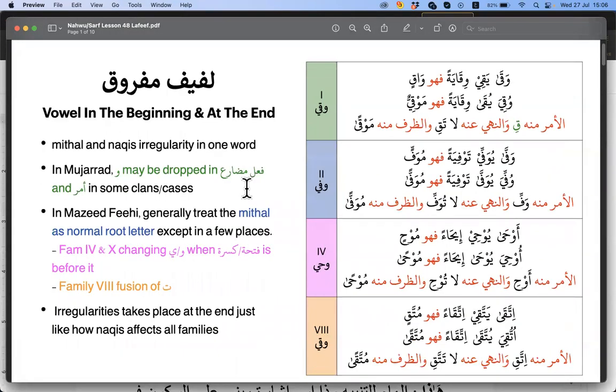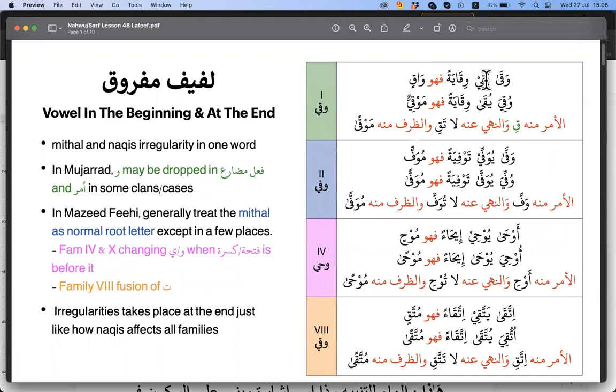So in lafif family 1, it will get affected like how it gets affected in normal misal. So wajada, yajidu, the waw gets dropped. Same here, waqa, yaqi, the waw gets dropped.